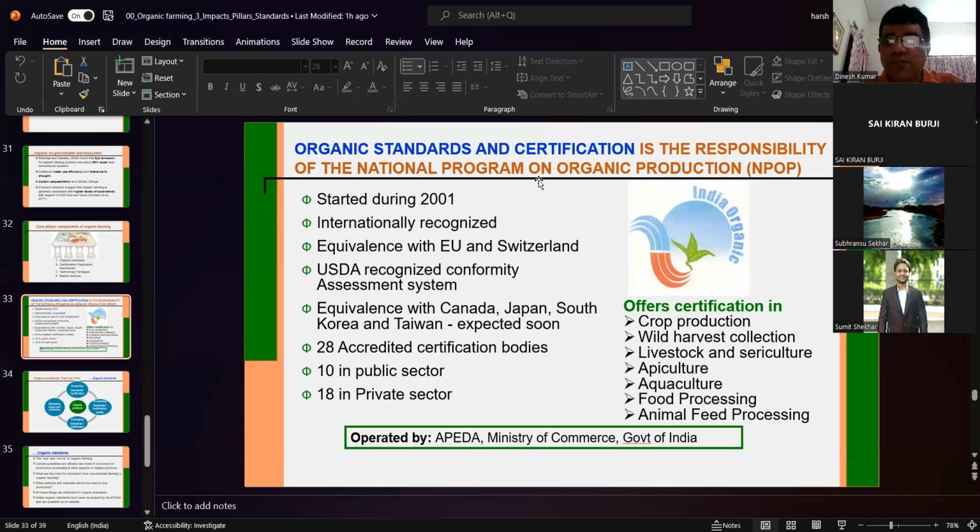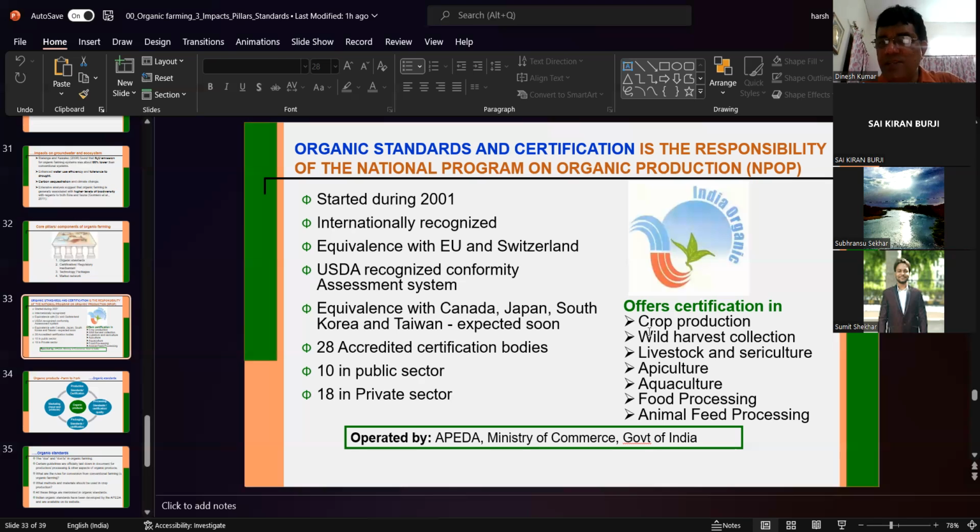So what kind of work are these certification agencies doing? They offer certification in crop production. If somebody is producing a crop, this is also an enterprise. Wild harvest collection means if you are going for honeybee production or growing herbs in hills or mountains, then it offers you certification.